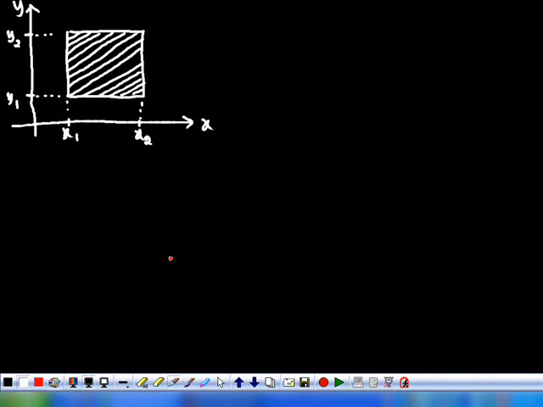In order to find the probability of this particular joint event, let us consider the event x less than or equivalent to x2 and y less than or equivalent to y2. What does that mean? x less than or equivalent to x2 is this entire region, y less than or equivalent to y2 is below that.